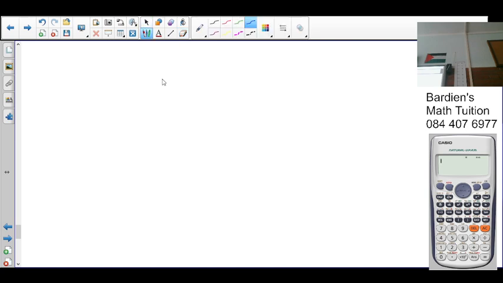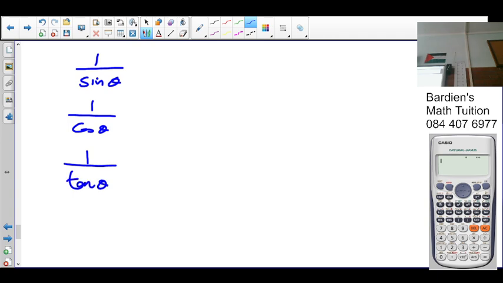also have reciprocals. Okay. So 1 over sine theta, 1 over cos theta, and 1 over tan theta.